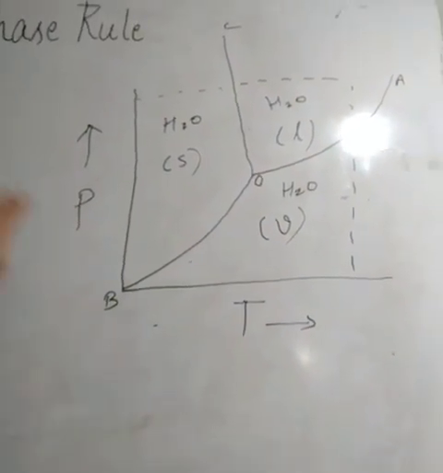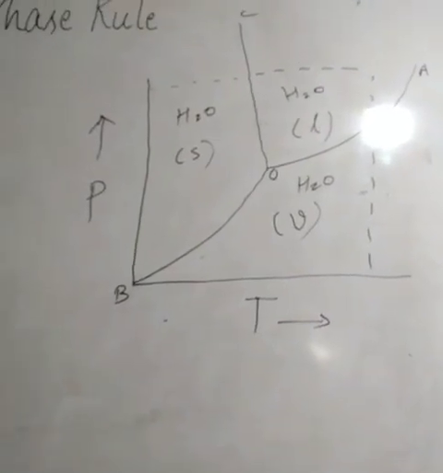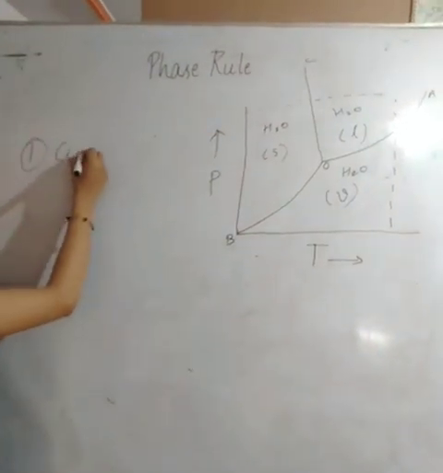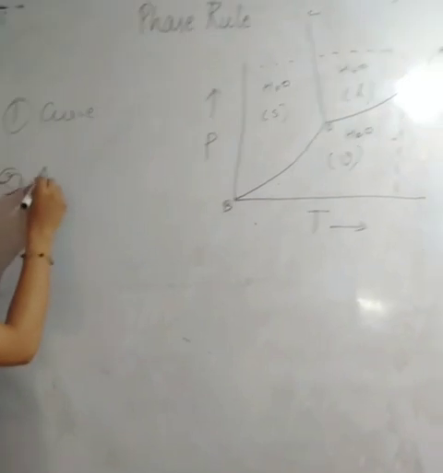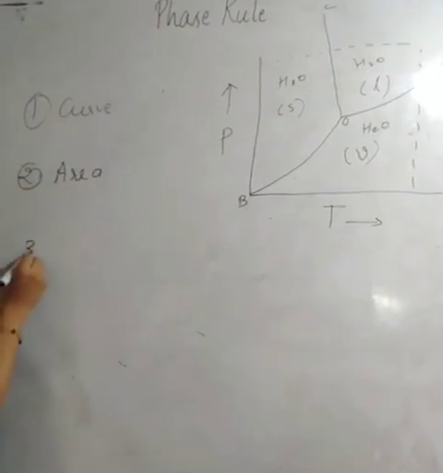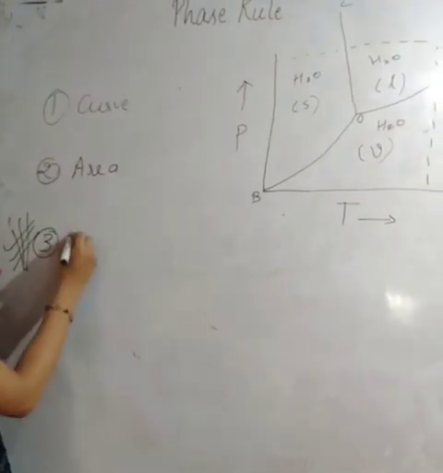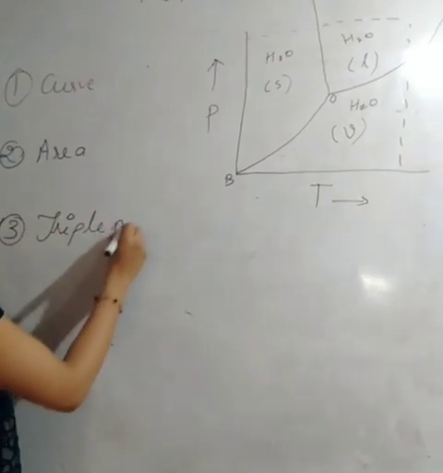Now from this figure we conclude three things. First is curve, another is area, and the next very important point is the third one, the triple point.